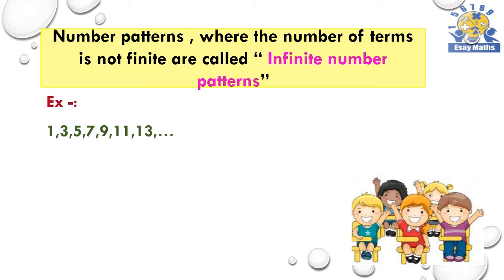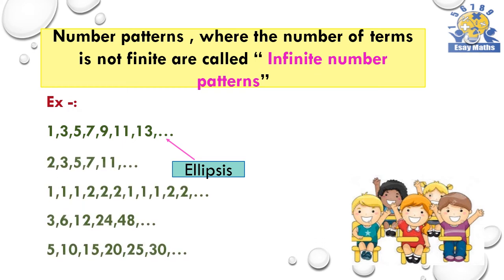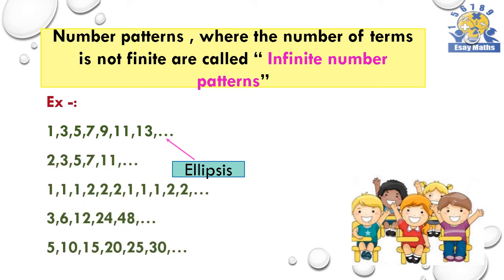Here you can see I have put a comma and ellipsis. So it's very easy to identify an infinite number pattern by using the comma sign at the end of the number pattern and ellipsis. Here you can see a few other examples. These are all infinite number patterns.